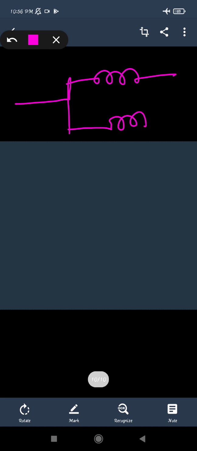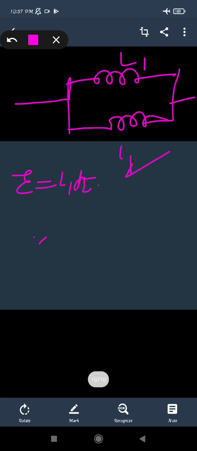Now if two coils are taken in parallel, let one self inductance be L1 and the other coil's inductance be L2. Then both will have their own self inductance, so the EMF for the first coil will be L1 di1 by dt, and for the second one it will be L2 di2 by dt.